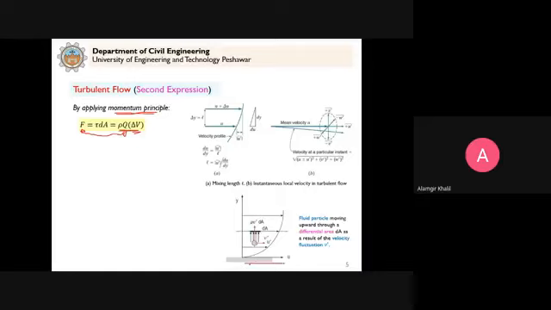In this figure, you can see that in case of turbulent flow, we studied that the velocity has fluctuations. So let's say this represents the time. With respect to time, if I plot the velocity in the x direction, that is represented by u.